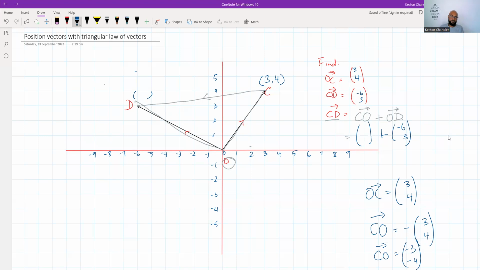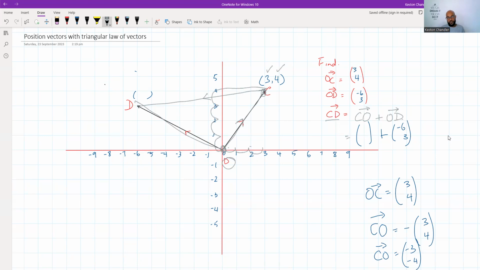Because look at this, right? If I'm going from O to C, I'm traveling up like this. So we have a movement to the right this way, 1 block, 2 blocks, 3 blocks, right? So that's the positive 3 there. And we're going up, right? So we have a movement 1, 2, 3, 4, to get up here.